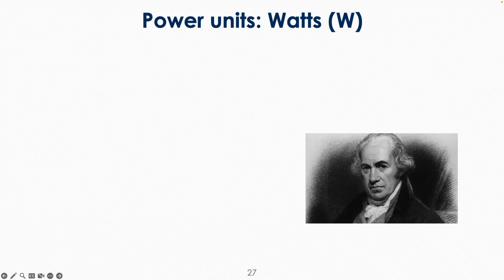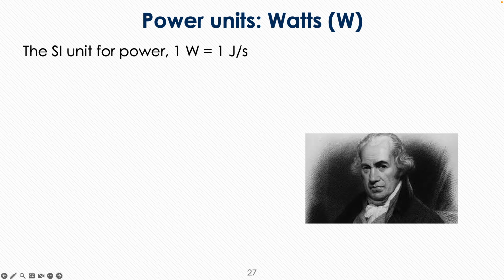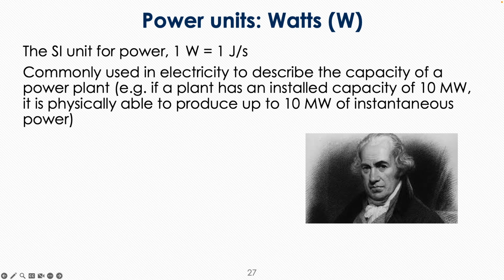Okay, similar to a joule, the SI unit for power is a watt. So 1 watt is equal to 1 joule per second. The watt is the most common application of power.